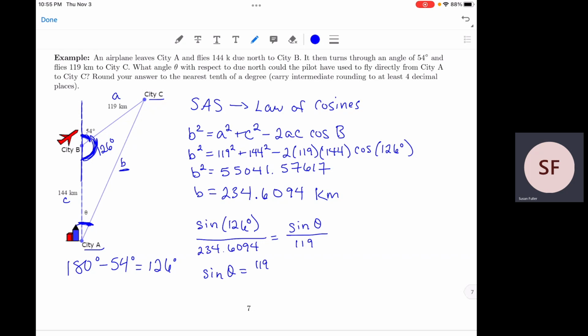This is 119 times the sine of 126 degrees, all over 234.6094. So I did a couple steps in my head there, but basically you're going to either cross multiply and then solve for sine theta, or you're going to multiply both sides by 119 times 234.6094, multiply both sides by that LCD and simplify, and then solve for sine theta. You should get this when you're done with that.